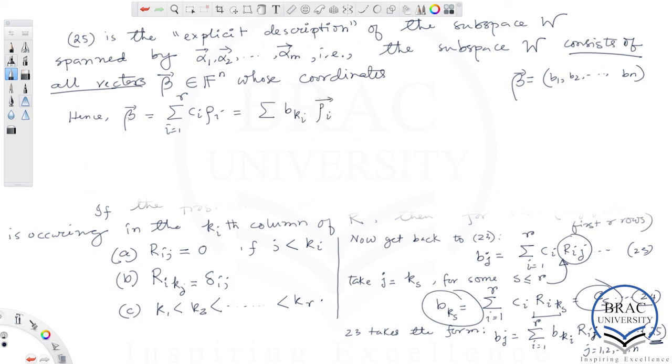This is how we find this vector beta, where i runs from 1 to r. So equation 26 is this explicit expression of such a vector beta contained in the subspace W, which is spanned by these m vectors alpha 1, alpha 2, all the way up to alpha m.